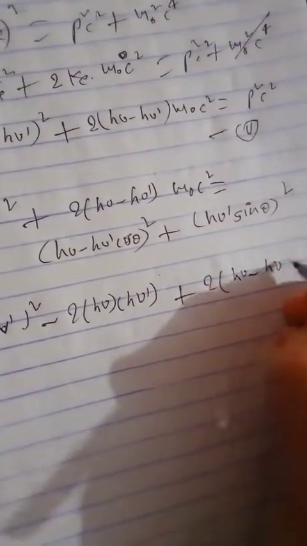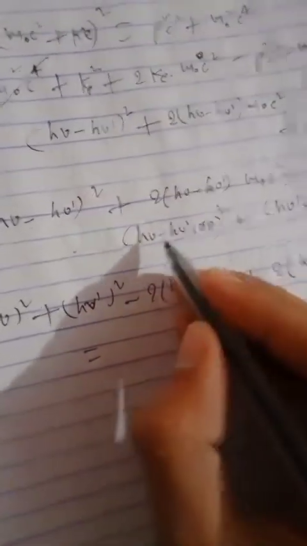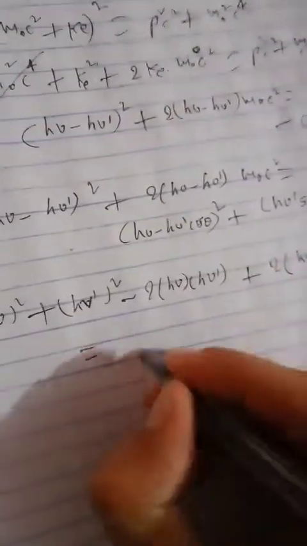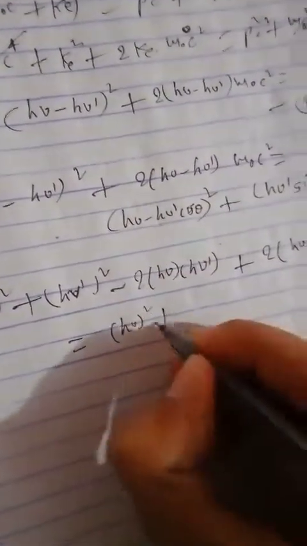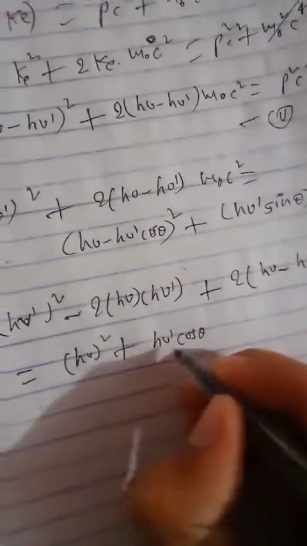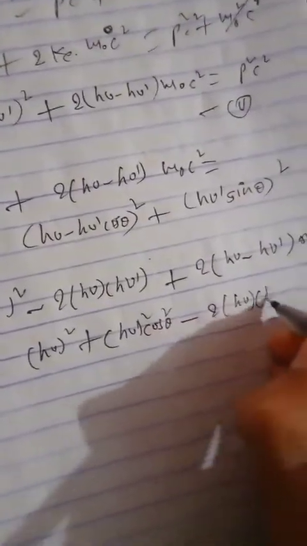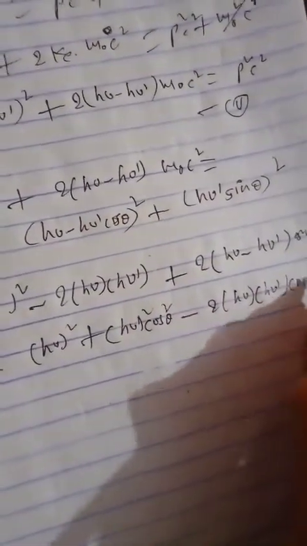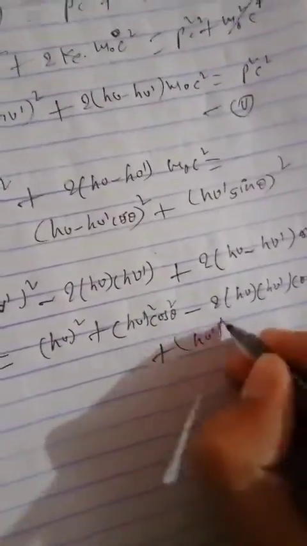So h nu minus h nu prime times m naught c square is equal to h nu prime whole square plus h nu prime cos theta whole square, minus 2 h nu into h nu prime times cos theta, and here it will be h nu prime whole square into sin square theta.